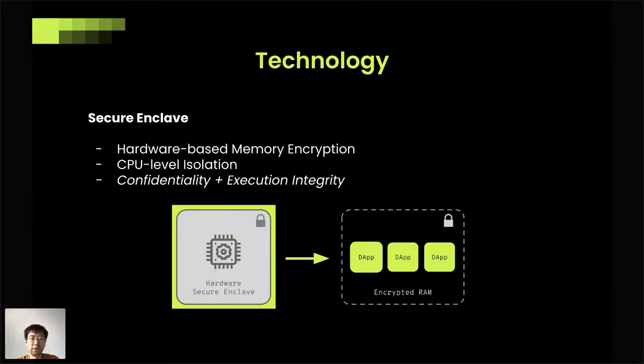So the execution integrity is also enforced by the hardware. This means the correctness of the execution is promised. You can trust that your programs can only provide the right results, and they will not be attacked and provide false results or unexpected results. So this is very important.